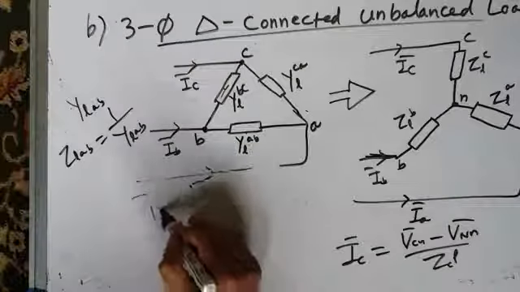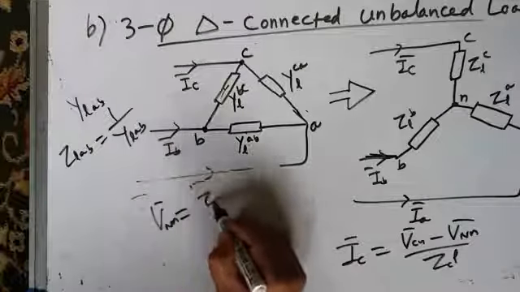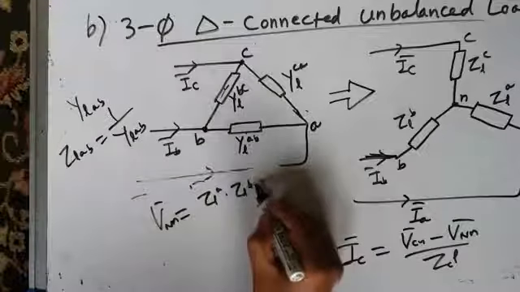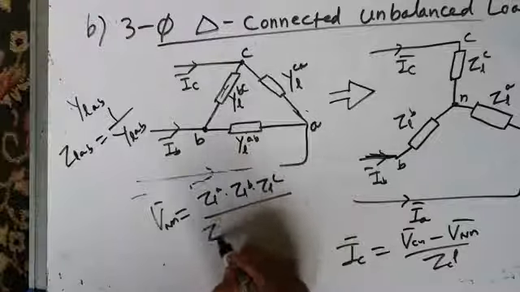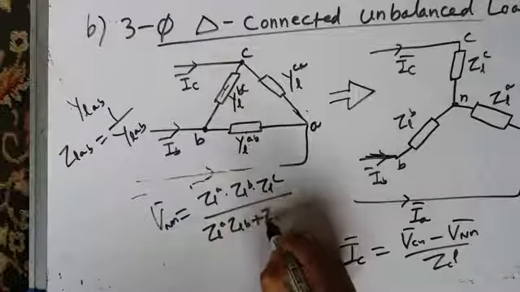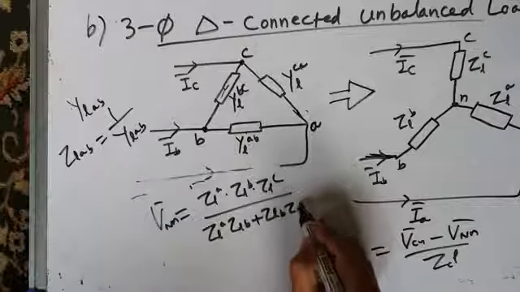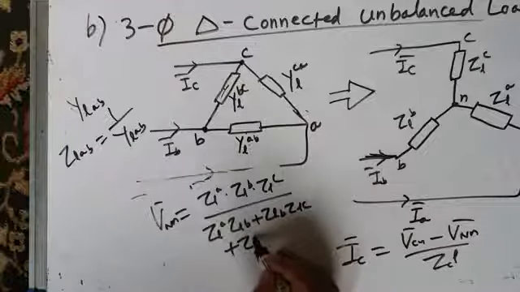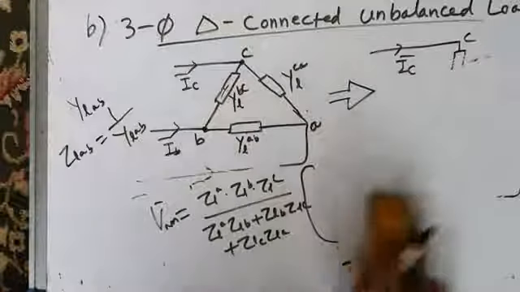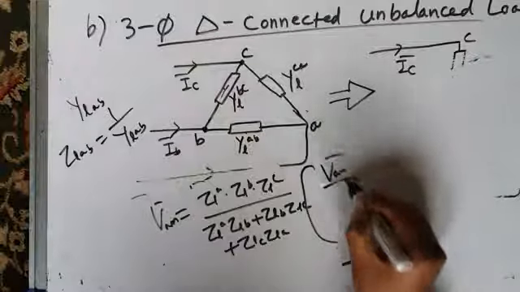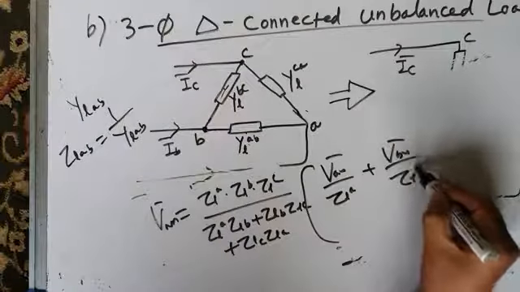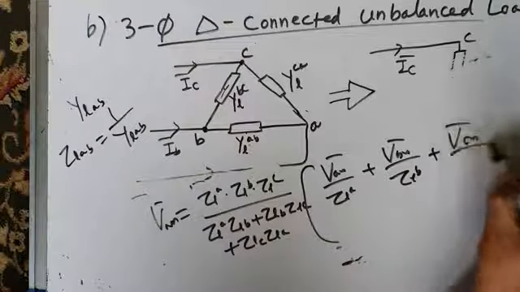VNN is ZLA into ZLB into ZLC divided by ZLA ZLB plus ZLB ZLC plus ZLC ZLA, into VAN by ZLA plus VBN by ZLB plus VCN by ZLC.